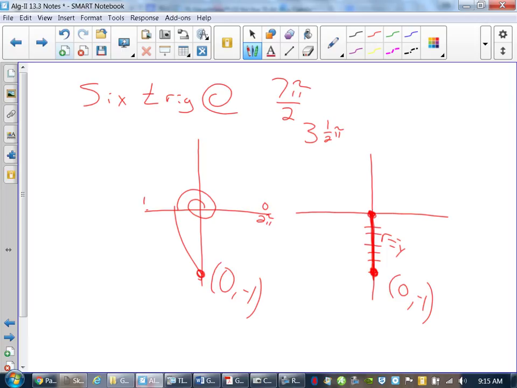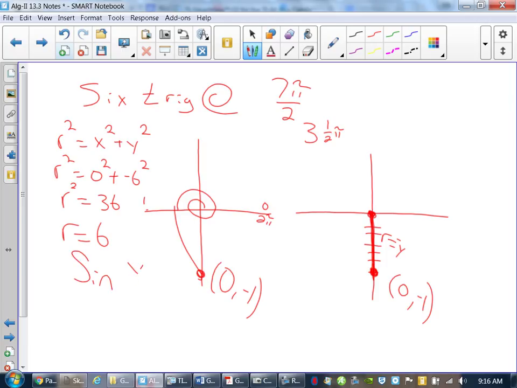Okay. If I go through and use the Pythagorean theorem, remember your r squared is going to equal x squared plus y squared. So r squared is 0 squared plus negative 6 squared. R squared is 36. R is 6. It's the same thing. As you simplify it, the sine is y over r.